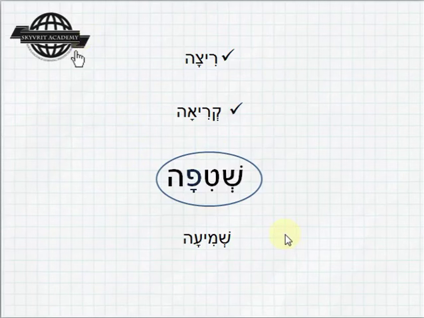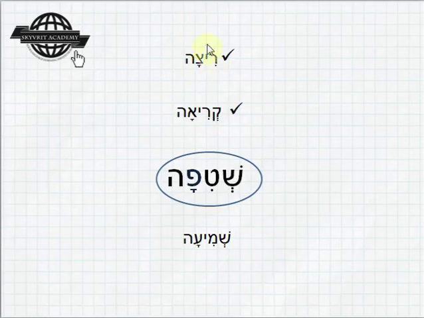Okay, so the steps in order to find the third person past tense of the verb. First one, we need to get rid of this yud and hey. And the second step is that we need to change the nikud, any nikud for that matter.